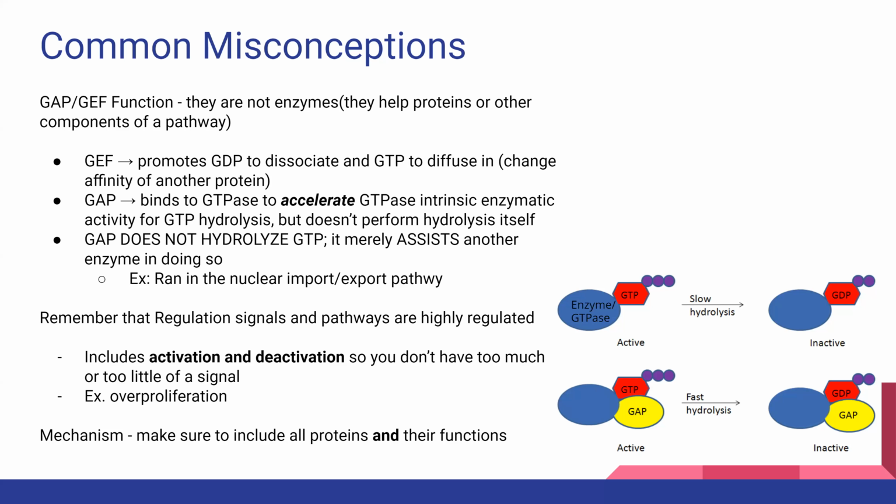An example of this is, if you remember way back when we did the nuclear import and export, you saw that GAP was in the cytosol, binding to RAN, and helping to accelerate RAN's own intrinsic GTPase activity, because RAN by itself is an enzyme that has the ability to hydrolyze GTP into GDP. So that's just something I thought I would put in there.